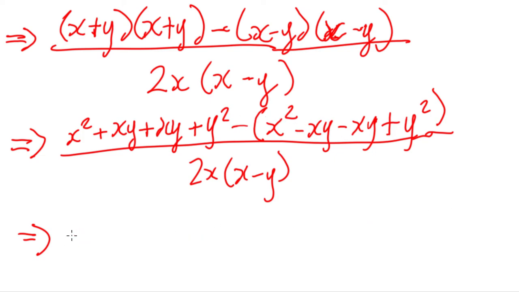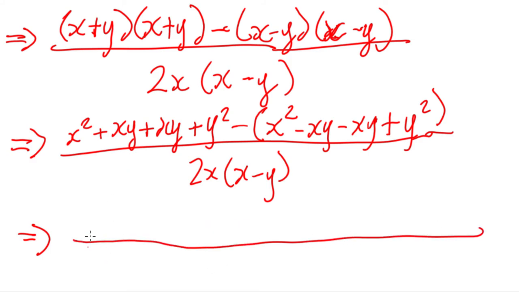There's nothing much more we can do with the first part, so let's just copy it. x squared, or rather, we can combine them. This becomes 2xy, plus y squared. Minus x squared.